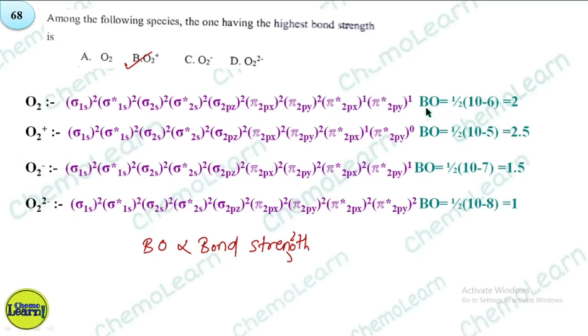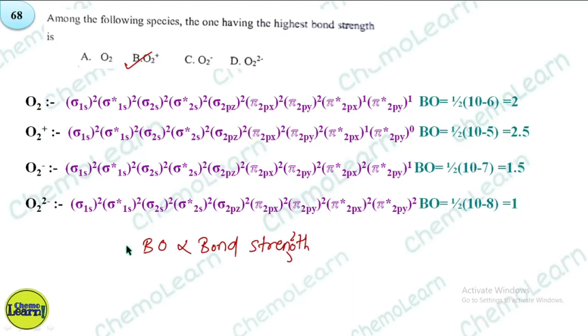Bond order formula is equal to half into Nb minus Na, number of bonding electrons minus number of anti-bonding electrons. So, for O2 it is 2, for O2 plus it is 2.5, for O2 minus it is 1.5, and for O2 2 minus it is 1.